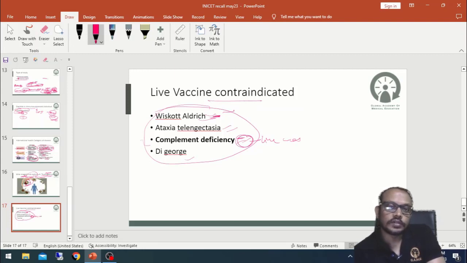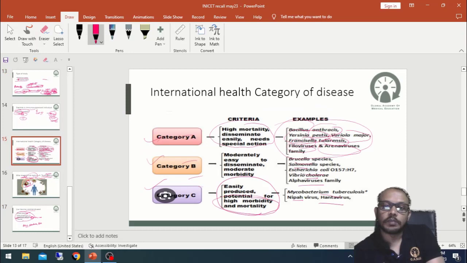So the best option in the question was complement deficiency. Although it is a pathology question, it is related to immunization. I have taken this question from the INI-CET community medicine recall. You should know that in the immunocompromised state, most vaccines are contraindicated except some vaccines like rabies, cholera and sometimes polio as well. These vaccines can be given.